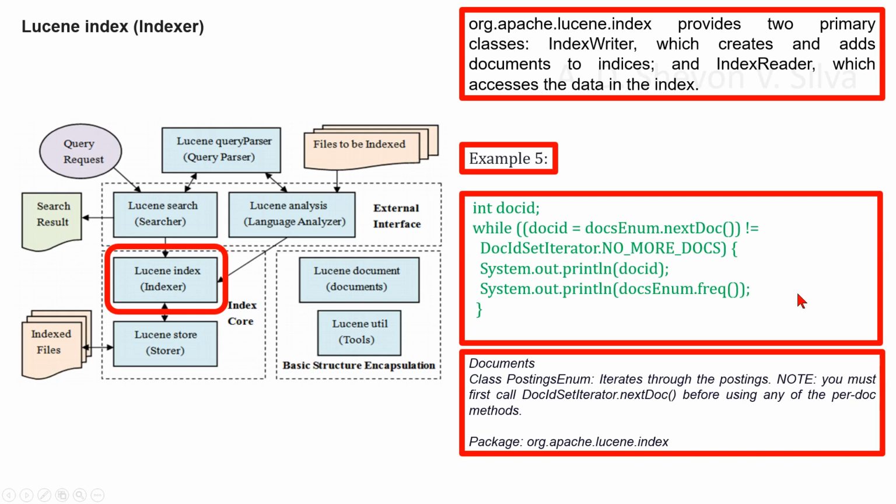This is in the package org.apache.lucene.index. PostingsEnum is an extension of DocIdSetIterator that iterates over a list of documents for a term along with the term frequency within that document.